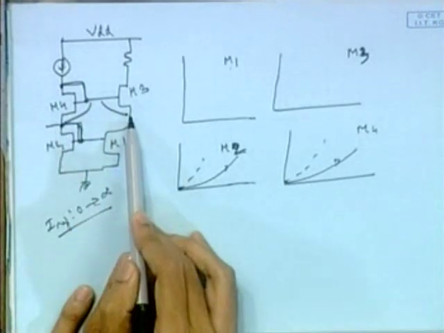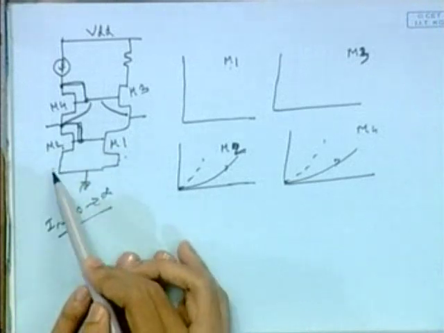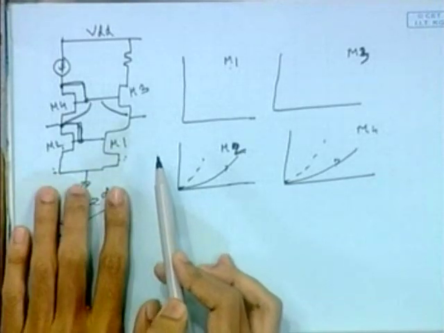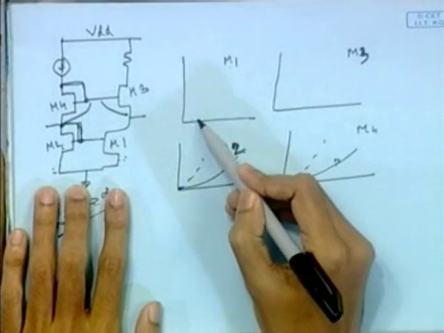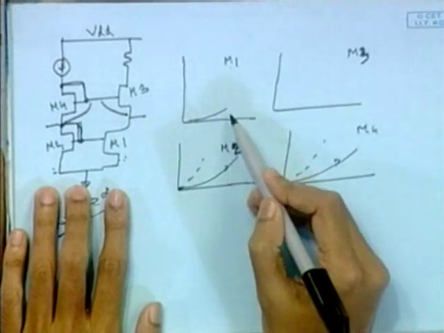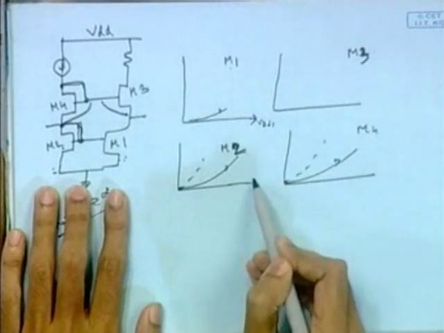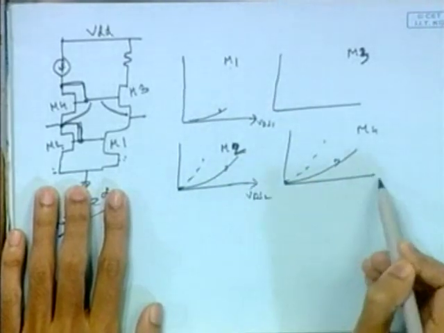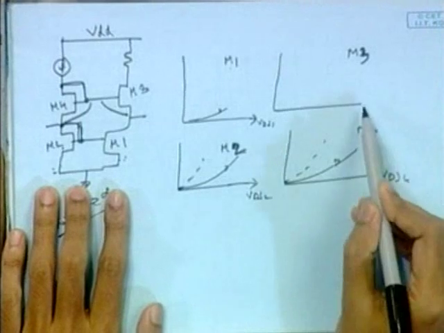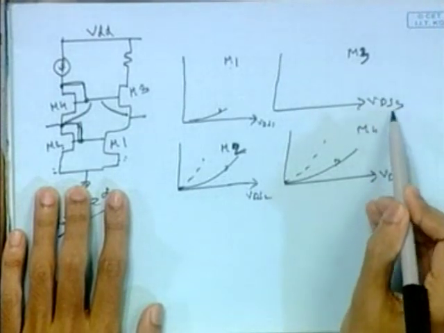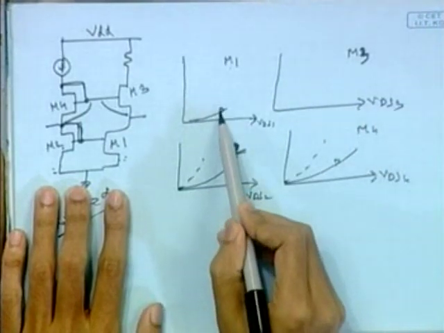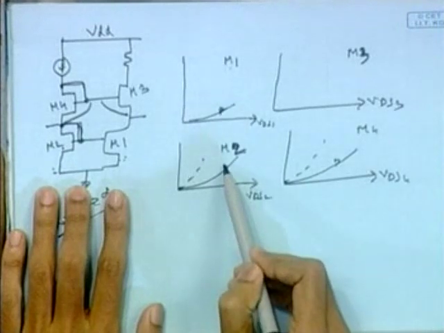So VDS1 and VDS2 will be the same, and it will try to follow this one. This is VDS1, this is the corresponding VDS2, VDS4, VDS3. Okay, so initially this VDS1 will try to follow M2.